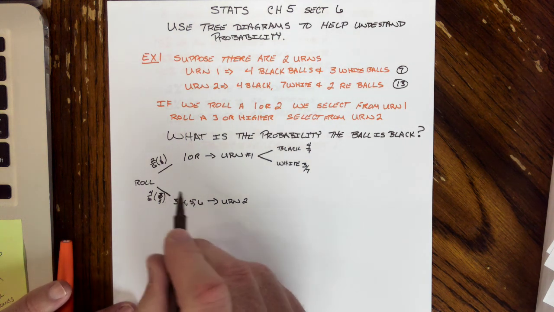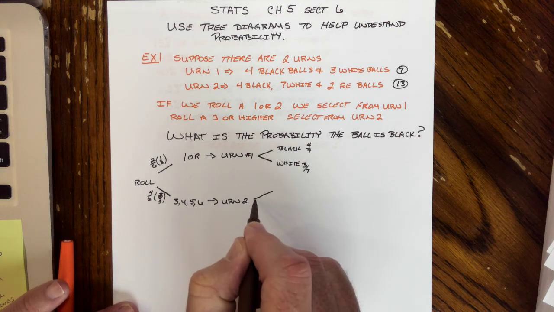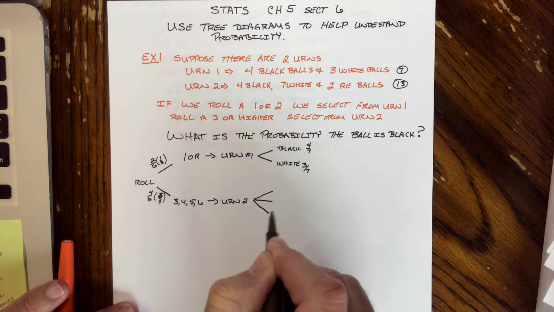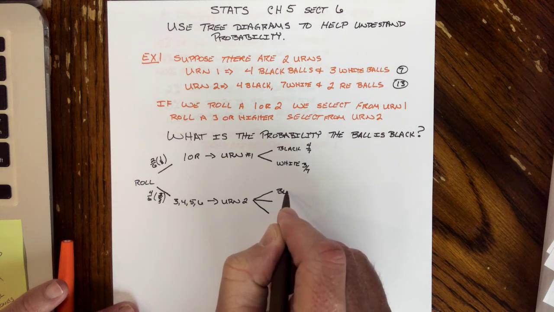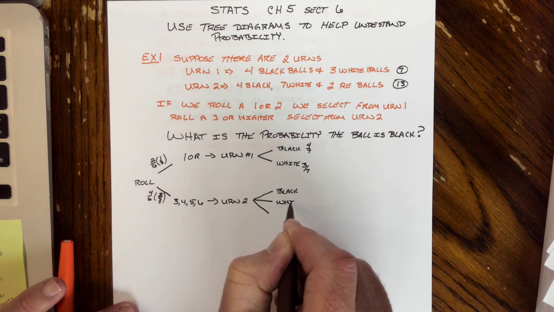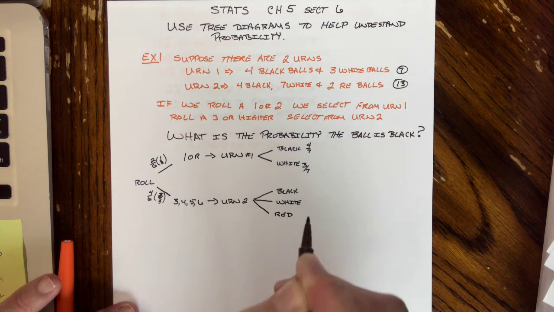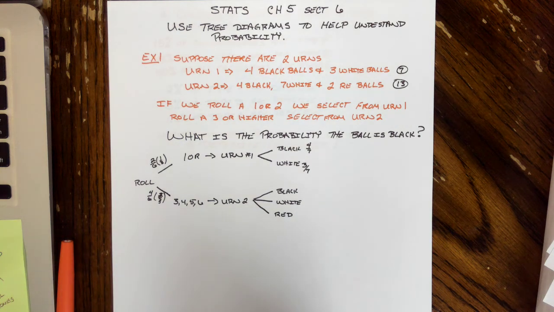Okay? The other possibility would be if we went down here, urn number 2. Now you could get a black one, you get a white one, or you could get a red one. These are the possibilities of things that could happen.